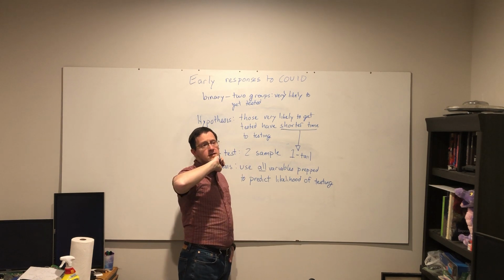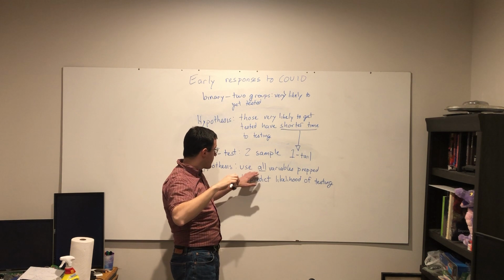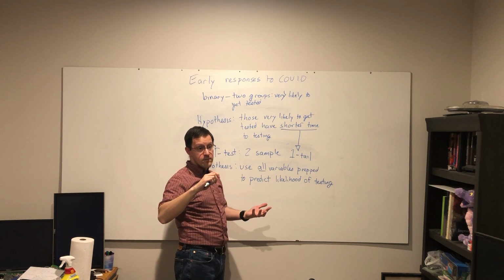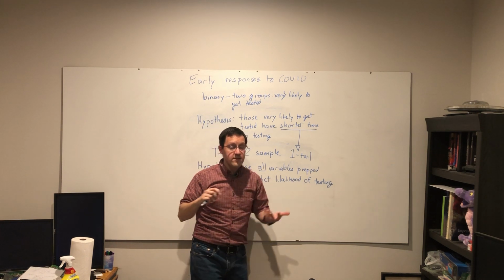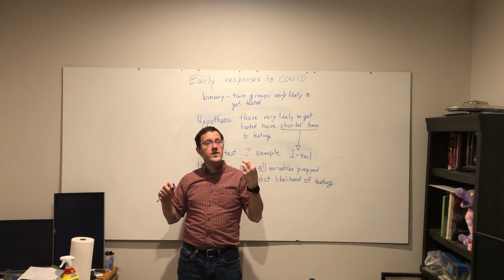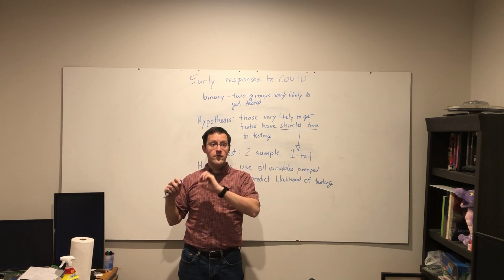So again, with thinking and with analogies, really what I want to do is to use all the variables that I had prepared to predict whether or not a person is likely to seek testing. What have we seen that will work with all variables at once?